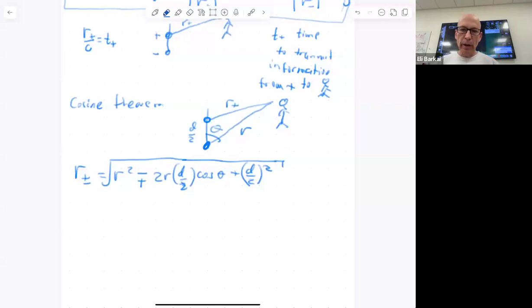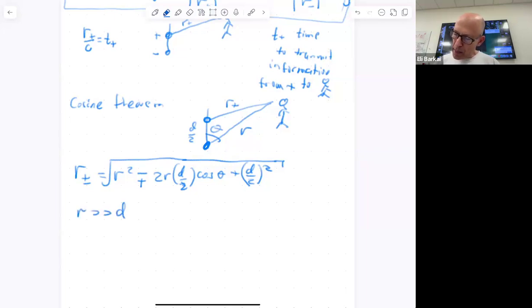So this is the cosine theorem. And we have now the distance expressed in terms of r, d and theta. Now, we are interested in this limit where r is much bigger than d.